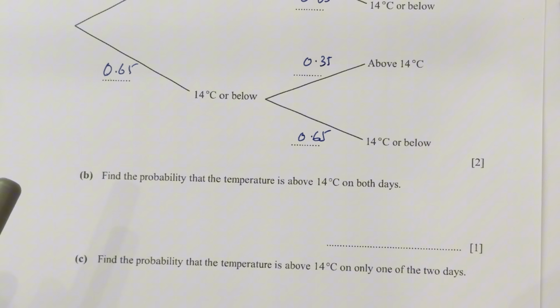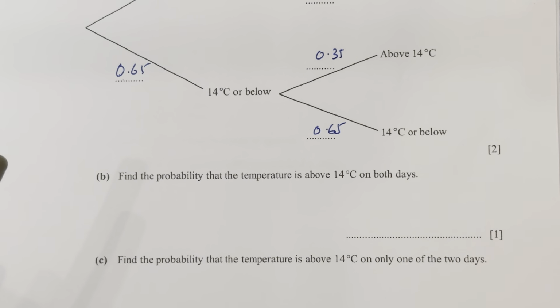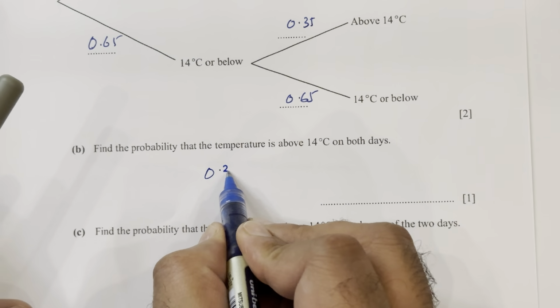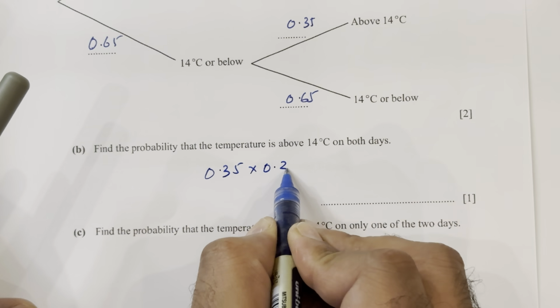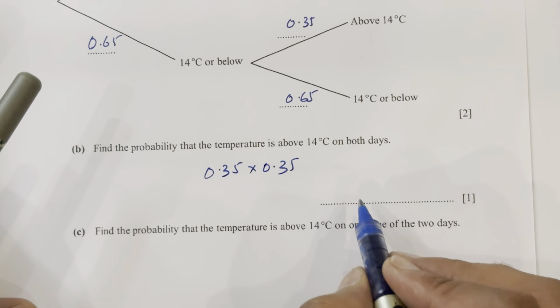Okay, part B. Find the probability that the temperature is above 14 degrees Celsius on both days. If on both days, this would be 0.35, this would be 0.35, so you're going to multiply 0.35 by 0.35, you get the answer, that is equal to 0.225.